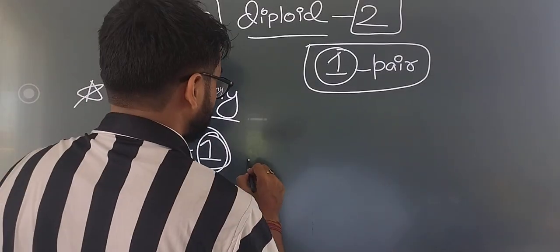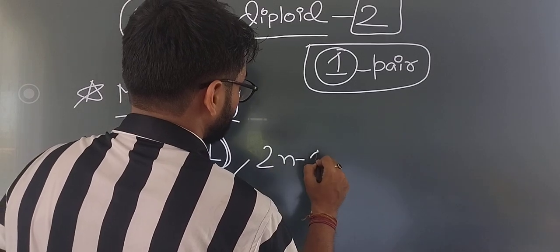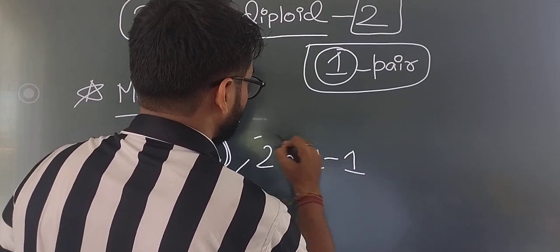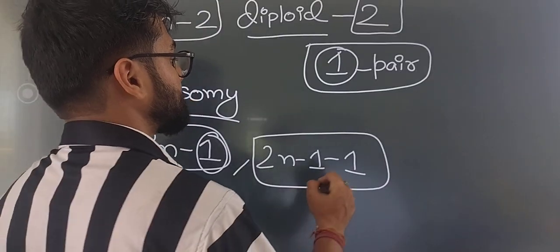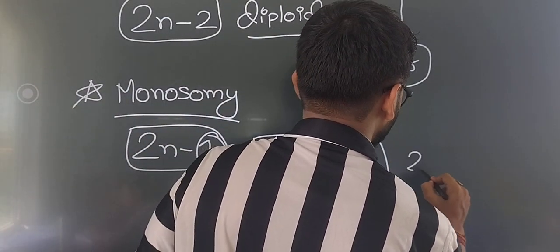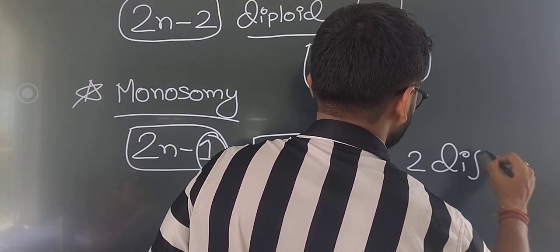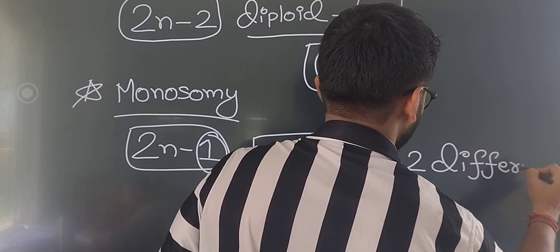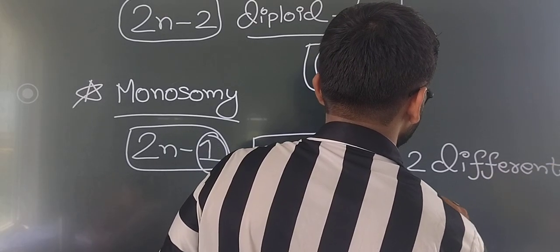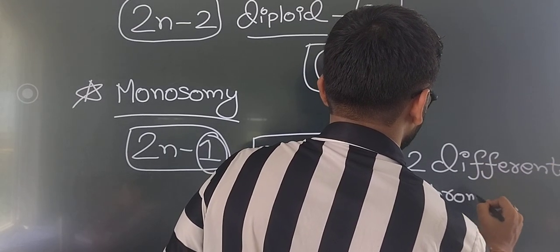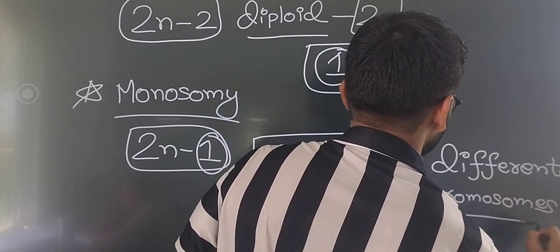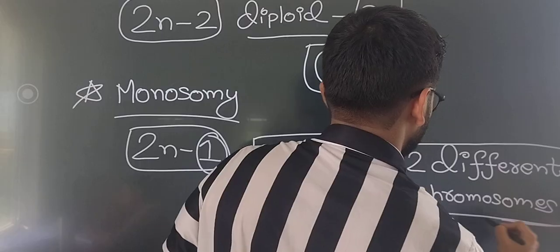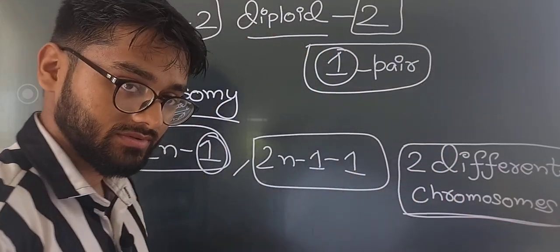So what will 2n minus 1 minus 1 indicate? This will simply indicate that 2 different chromosomes are eliminated, removed, deleted.